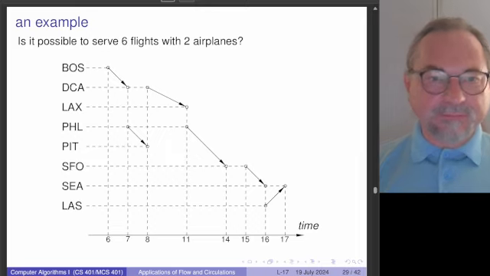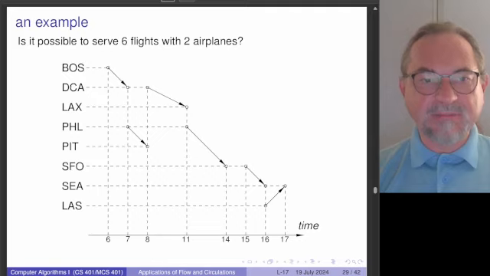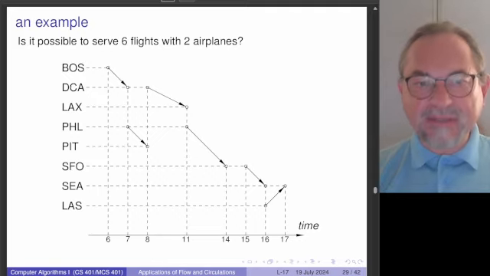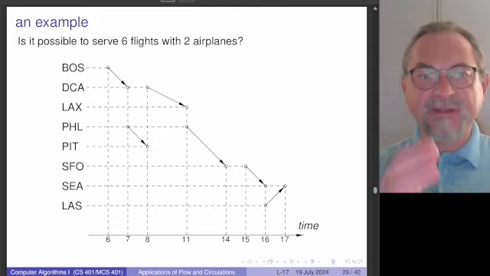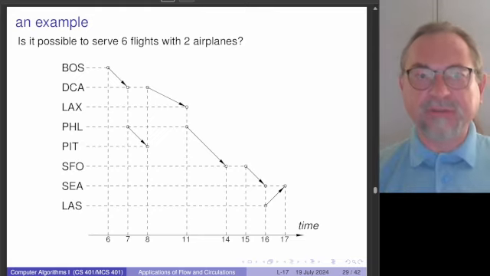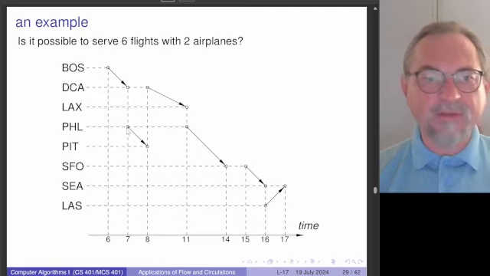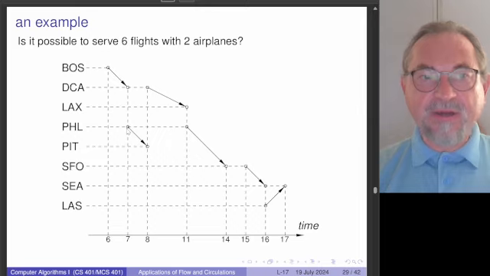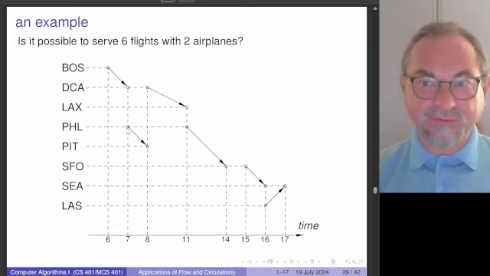You can see that some of the flights are starting when the other one ends. So obviously you need at least 2 airplanes, because a plane cannot instantaneously at 7 o'clock go from Washington, D.C. to Philadelphia. Now, the question is, it's at least 2. Will you need more than 2?